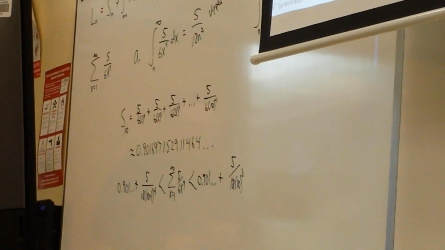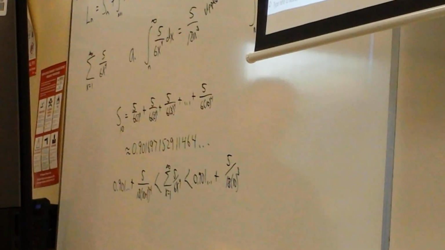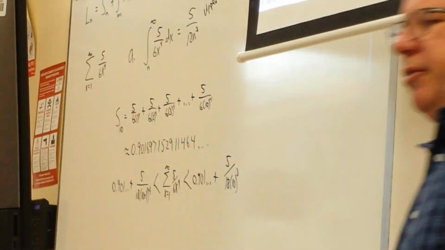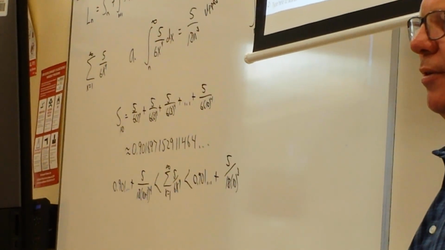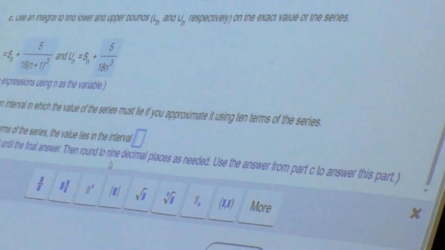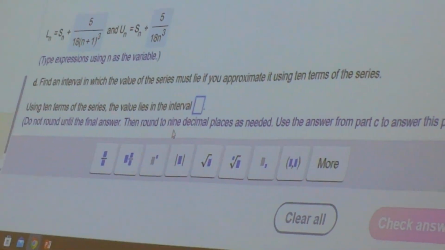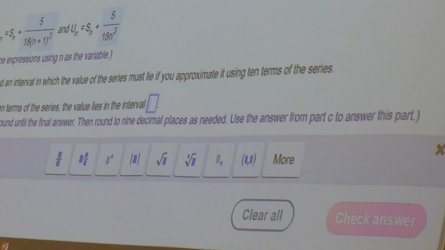Now you can do this on a regular calculator. I like to use the decimals calculator for this. Notice down here it says round to how many decimal places? 9. We need 9 decimal places. So let's grab the Desmos Scientific Calculator. Down here you click on Scientific.